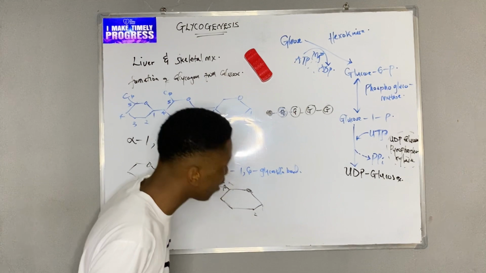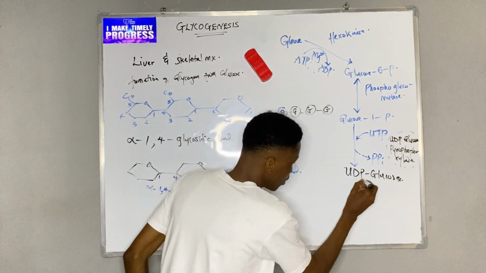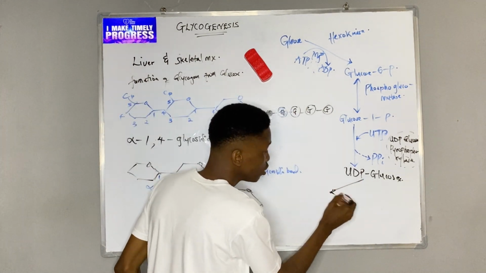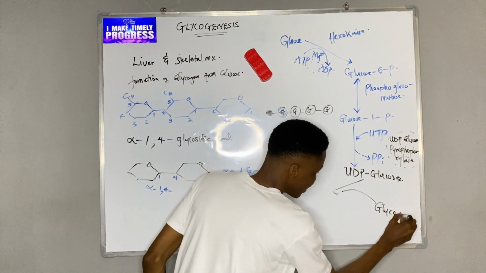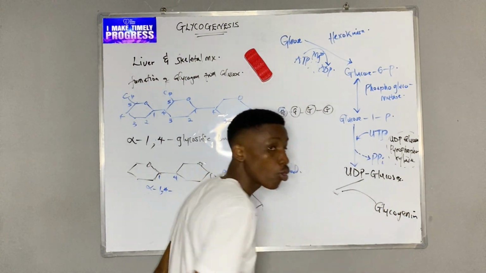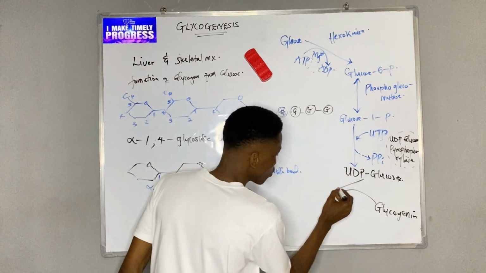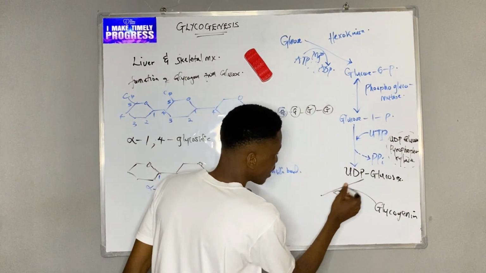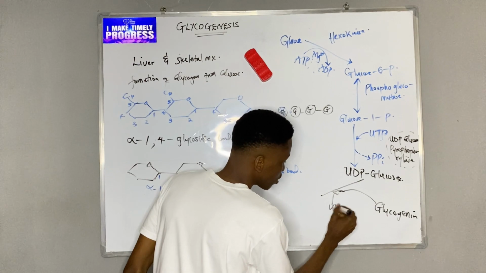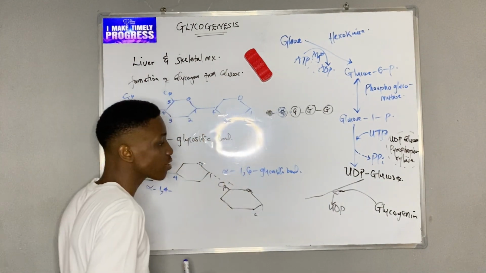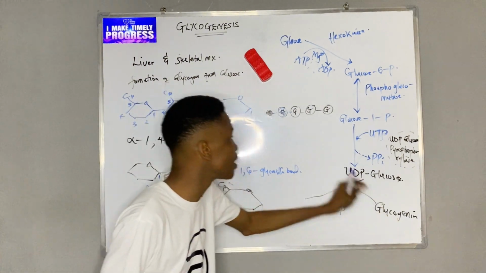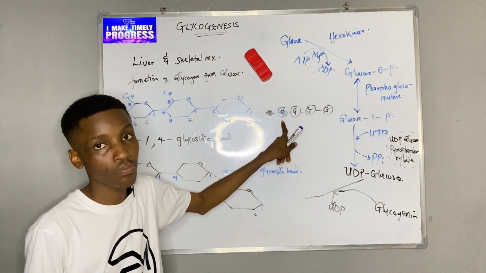So what do we have right here? I'll have my UDP glucose reacting with glycogenin, also called what? Glycogen primer. When they react together, the UDP glucose will donate glucose and come out as UDP. And then what I'll be having will be a glycogenin that has collected glucose.